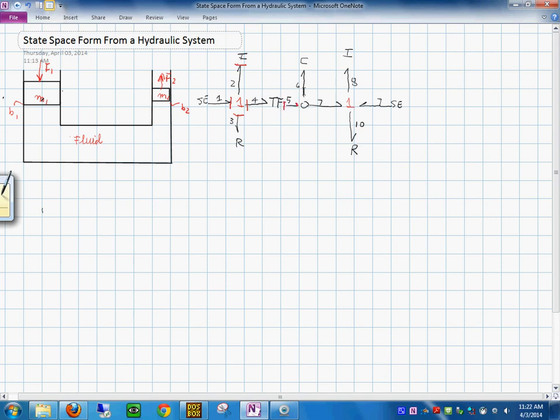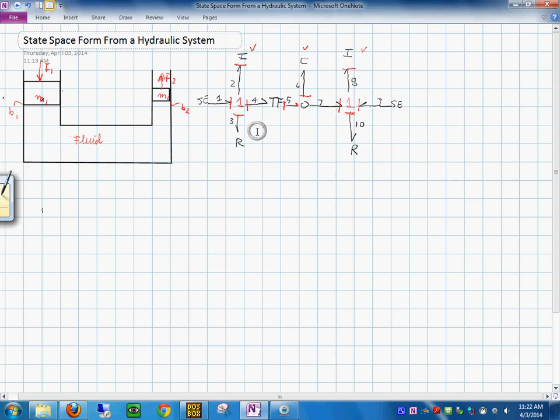And then of course in here, in integral form, the C element makes this one like this. The I also in integral form completes the causal assignment. So in here, we recognize we have 1, 2, and 3 differential equations that we need to deal with.